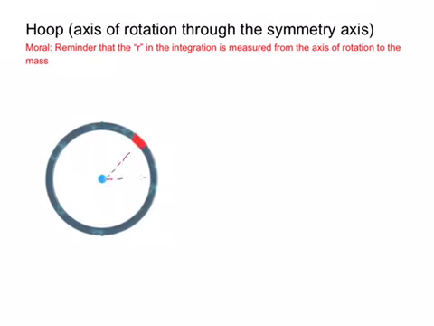So here's our theta. We're defining it from the horizontal, and notice that our theta will swoop and point at all of our little dm's. And our dm's are also the same distance away from the axis of rotation, which is just the radius.